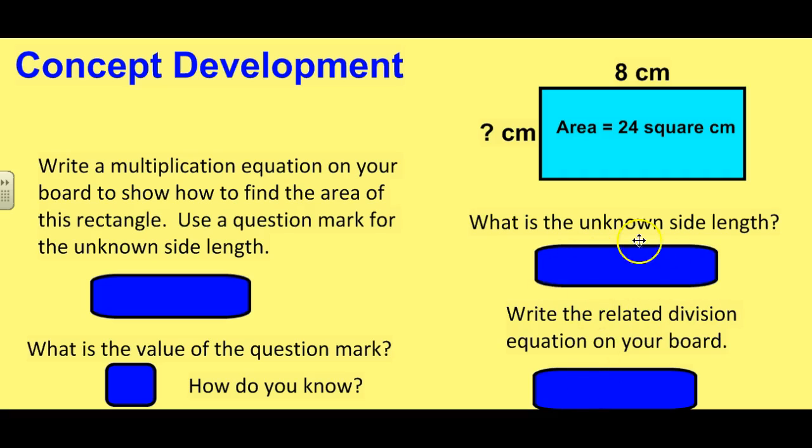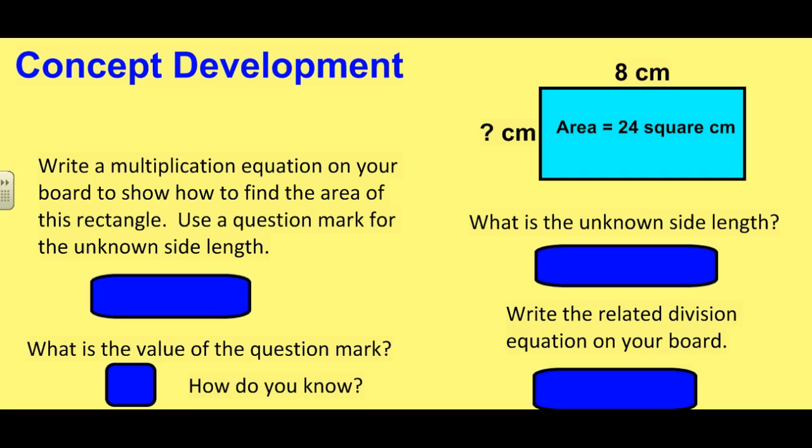And then also on your board, write down what is this side length right here. So there's going to be 3 things that you're writing on your board. The multiplication equation, the division equation that relates to this multiplication equation, and writing down what is the unknown side length of this rectangle. Whenever you're ready to check it, I want you to push play.